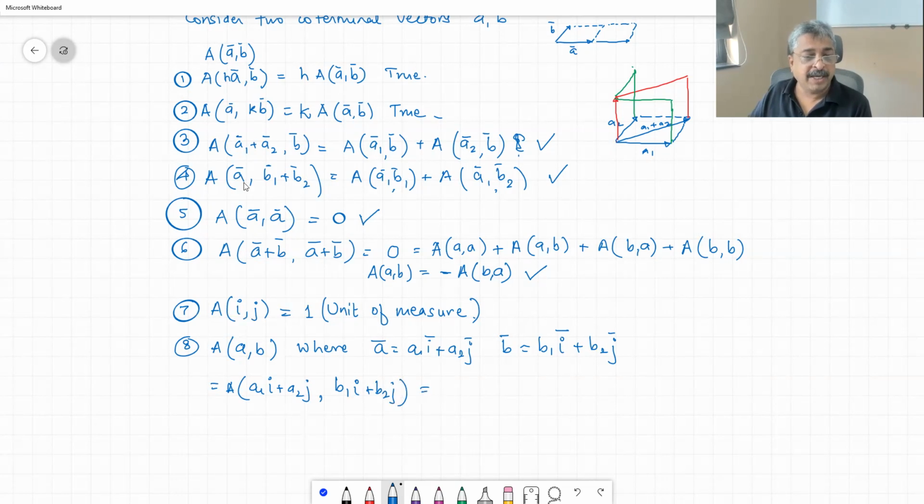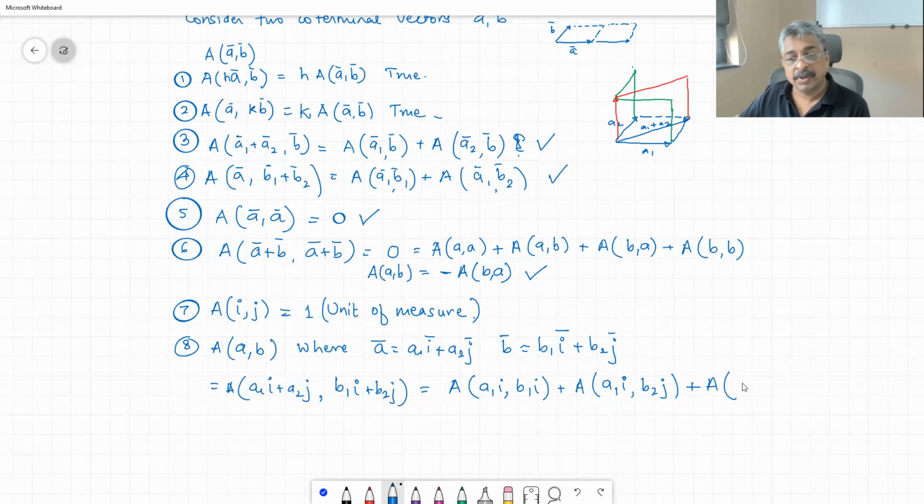By the earlier property number 6, or maybe property number 3 and 4 put together, we will come to know that area of A1 i comma B1 i plus area of A1 i comma B2 j plus area of A2 j comma B1 i plus area of A2 j comma B2 j.